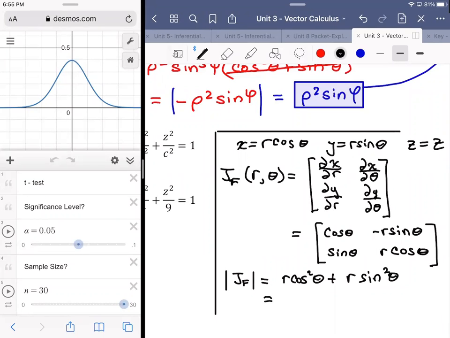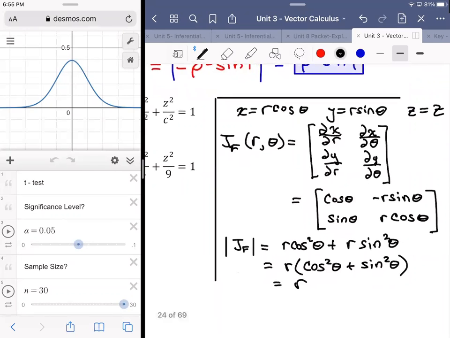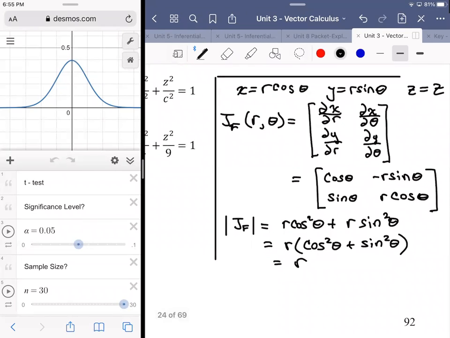All right. Factor out the R. Probably should have led with this example now that I think about it. You end up with just an R. And so what that gives us is the relationship between dx dy, and dr and d theta.